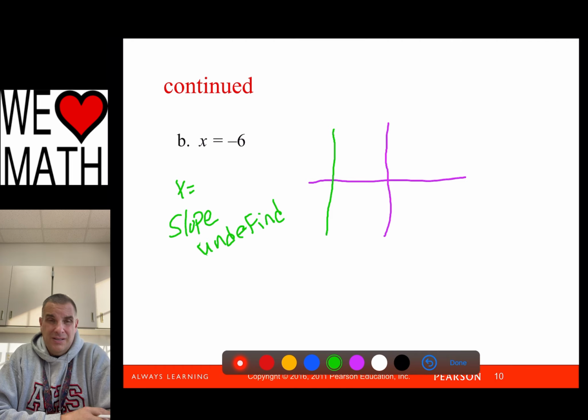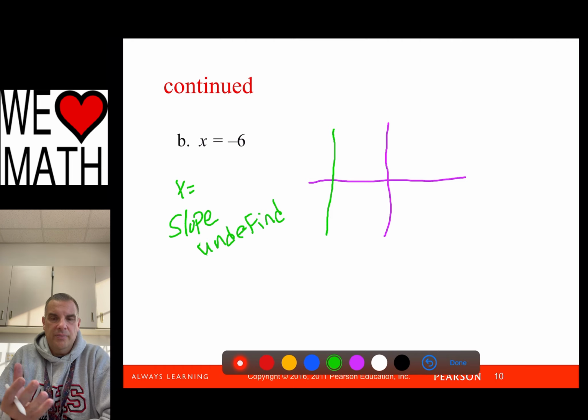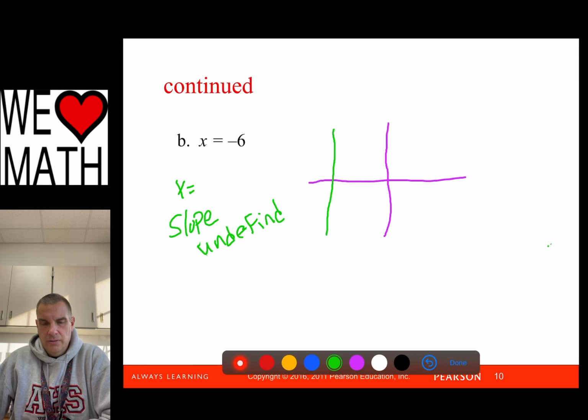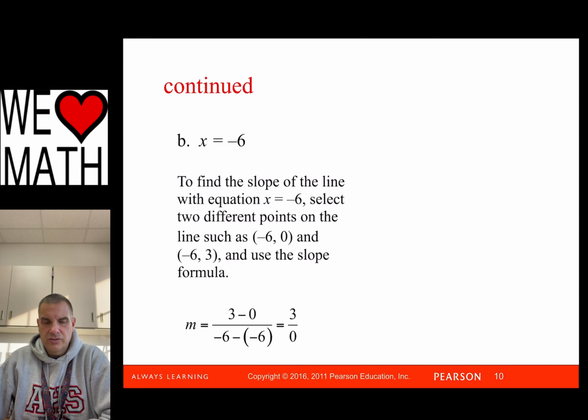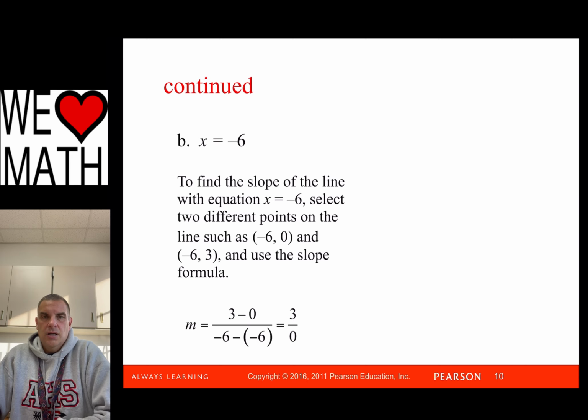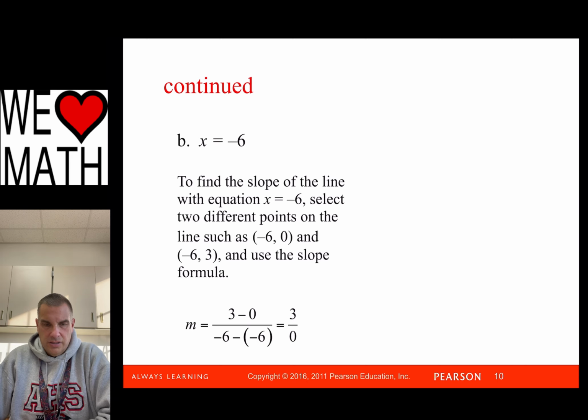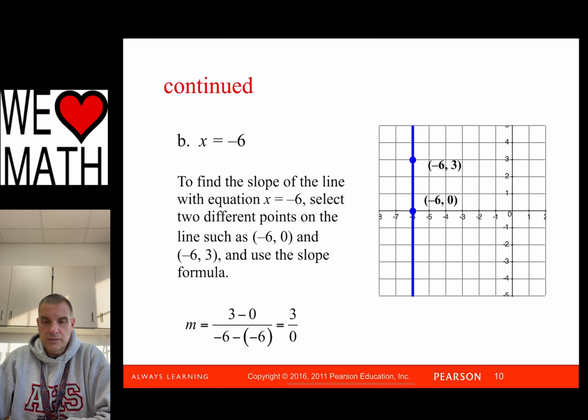Okay, so it's undefined. It's going up and down. You can't define it. Essentially, you're dividing by 0. So up and down is undefined, and they'll show you that. So you divide by 0, so it's undefined when you're talking about the slope of an x equals.